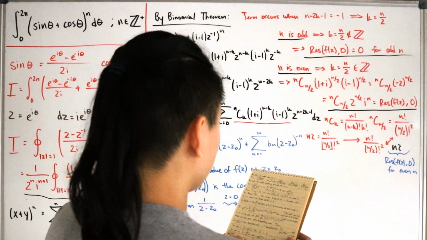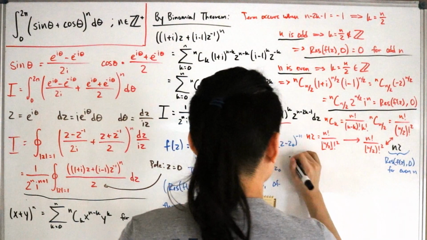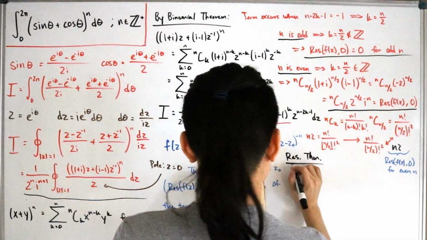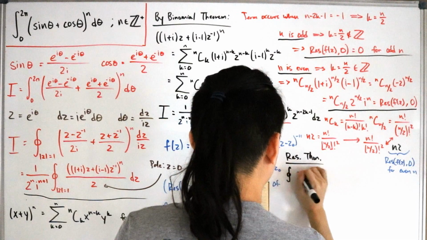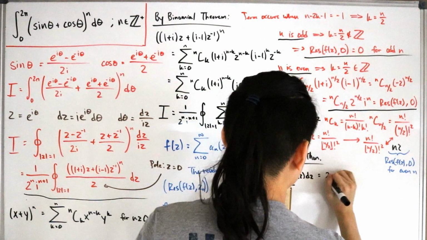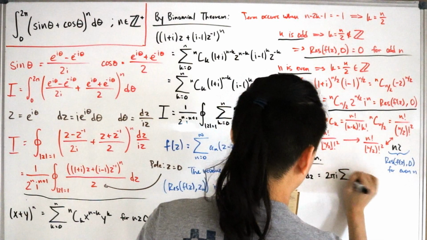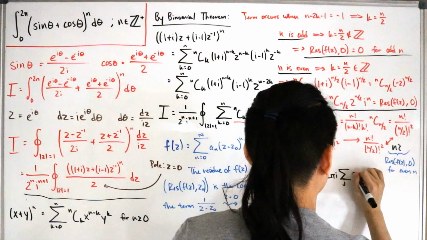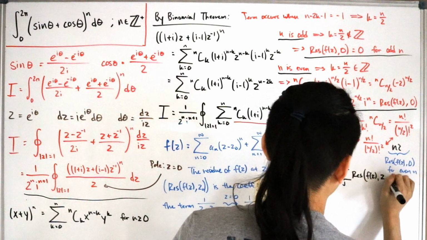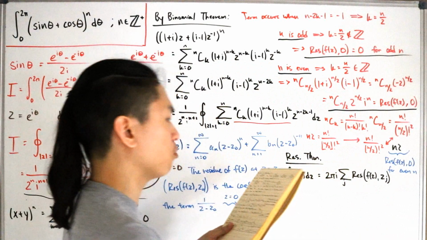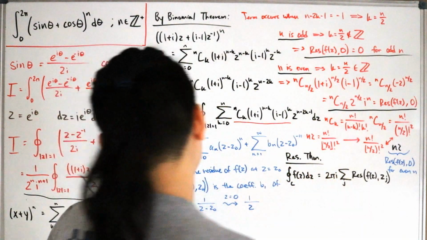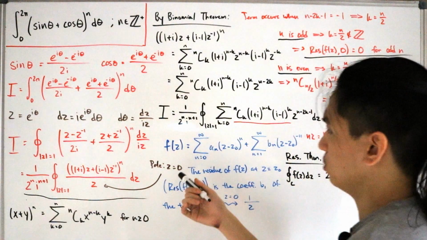The residue theorem says that the contour integral of f of z dz over a path c is equal to 2 pi i, multiplied by the sum over j of the residue of f of z at the pole z sub j. Here z sub j are the poles of f inside c, and we only have the pole z equal to 0.